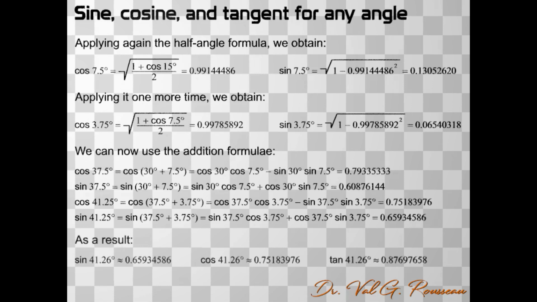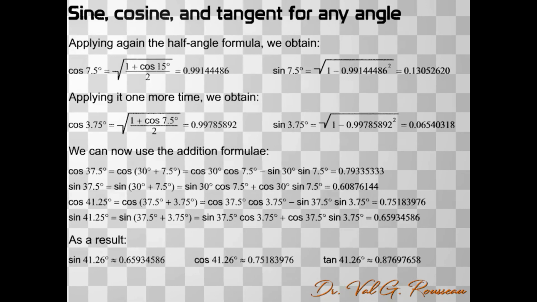Finally, we make the approximation that the sine and cosine of 41.26 degrees should be close to the sine and cosine of 41.25 degrees. And the tangent is obtained just by calculating the ratio sine over cosine. With this method, the trigonometric functions for any angle can be calculated to arbitrary precision.